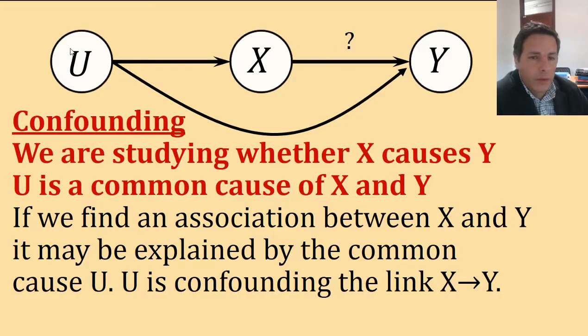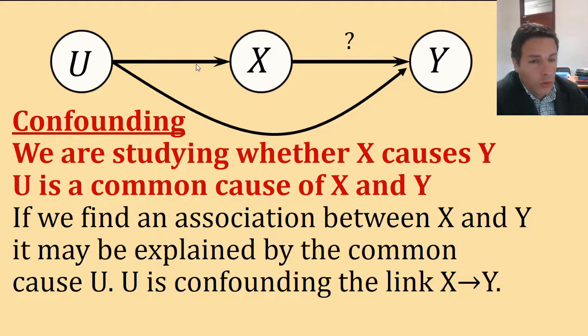And the other way is that if we know the variable that is confounding, sometimes the confounding variable could be gender or could be age. So that means that the effect of X on Y is different in different genders or at different age levels.